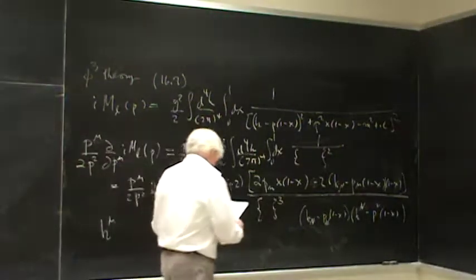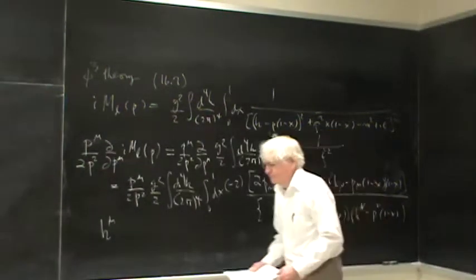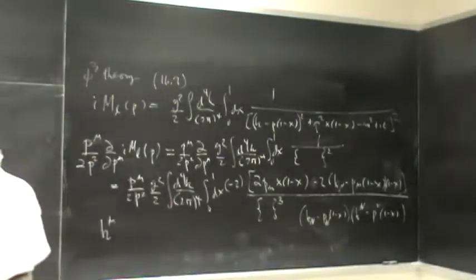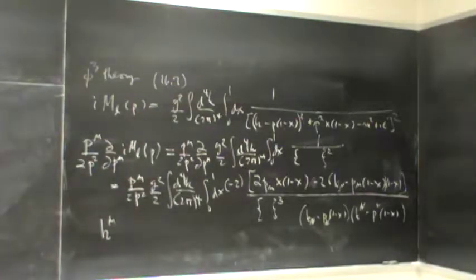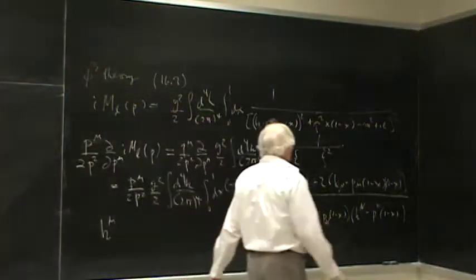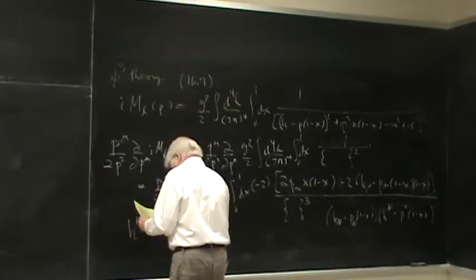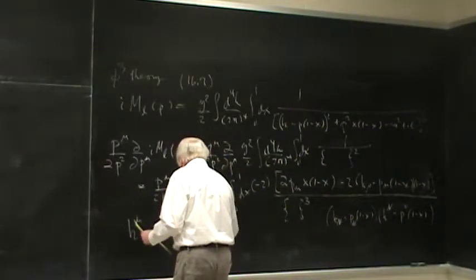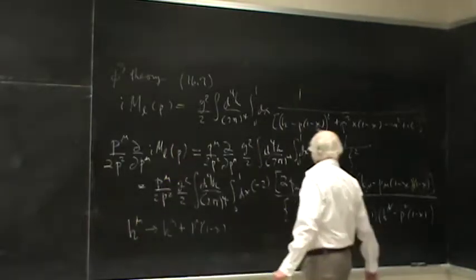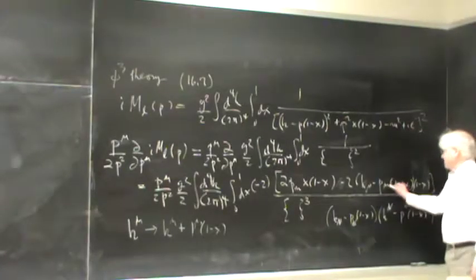Nothing better than that. So we now let k mu go to k mu plus p mu 1 minus x, and that cancels this term.